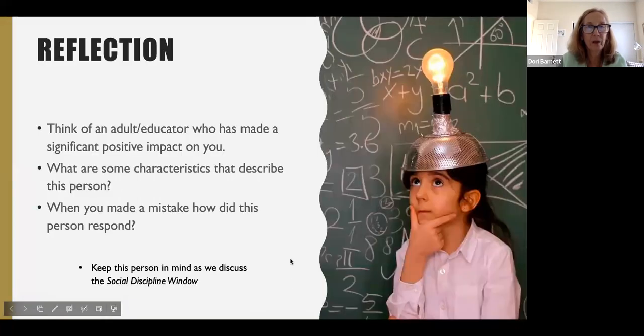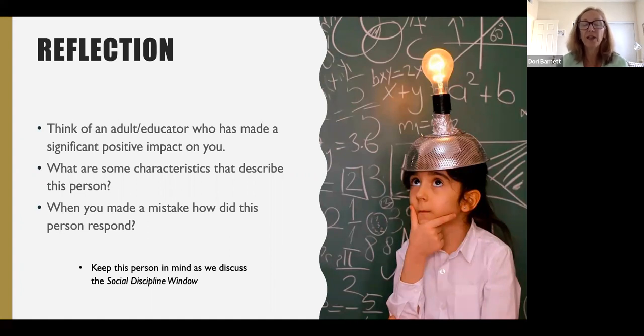So if you're watching this, I'm going to ask if you just take a moment and think about a person. It can be a teacher or counselor that you had when you were in school, or just someone in your youth that made a positive impact on you. Okay.